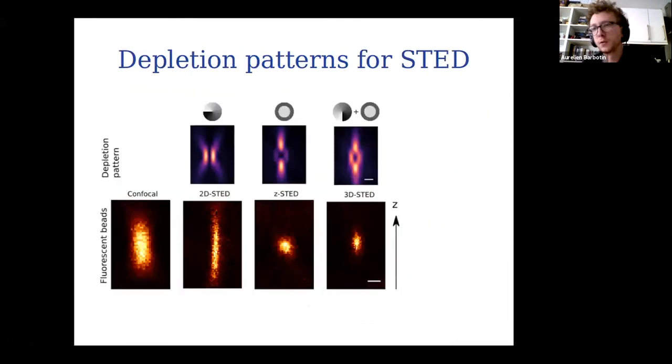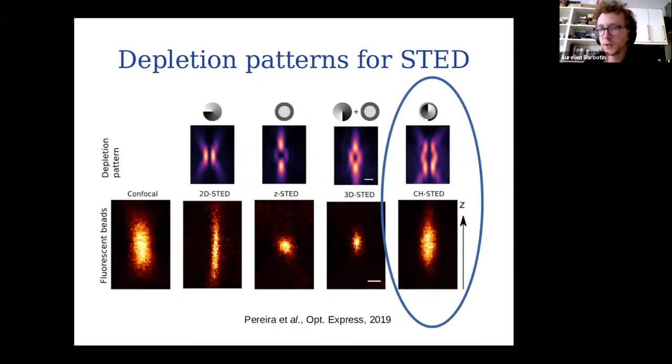The solution is to use a different confinement mode instead of the 2D depletion pattern that I was showing you earlier. People have tried to use z-STED, which is a confinement mode that increases essentially the axial resolution, or 3D STED, which combines both. But with both these modalities, the background levels remain quite high, and the applications of STED-FCS in 3D were very limited.